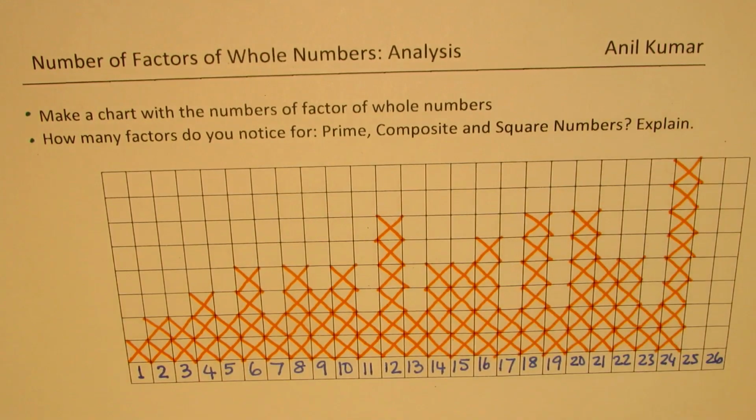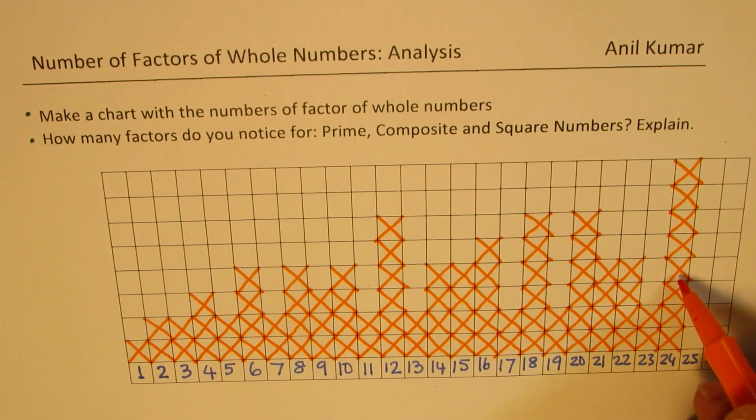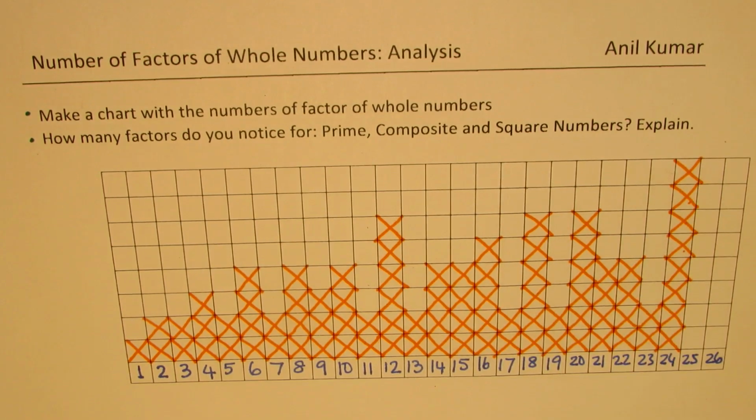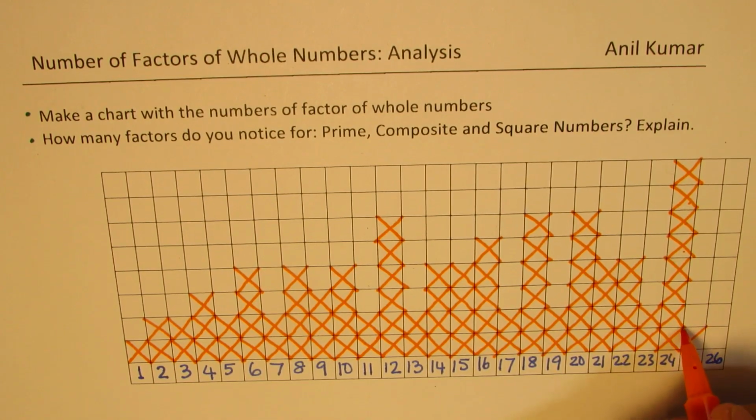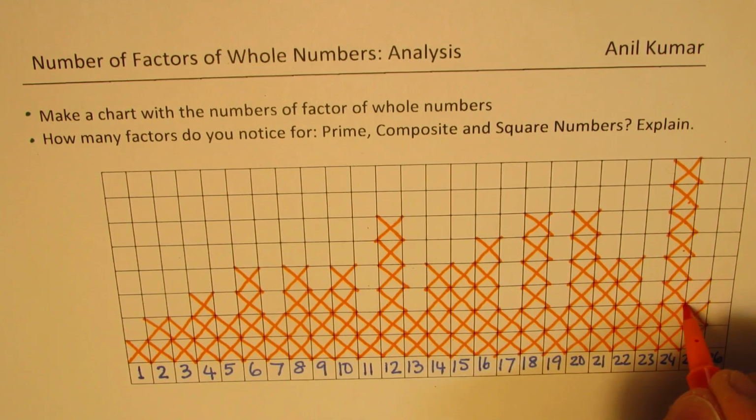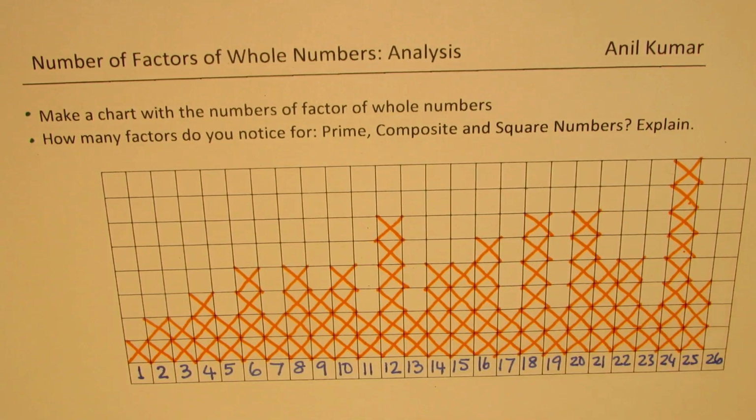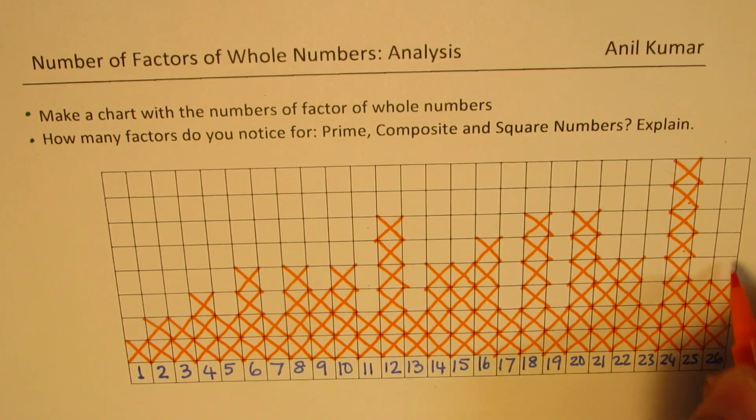Well, it has a lot of factors. 1, 2, 3, 4, 5, 6, 7, 8 factors for 24. 25. 1 times 25 and 5 times 5, the number itself. 26. 1 times 26 and 2 times 13.